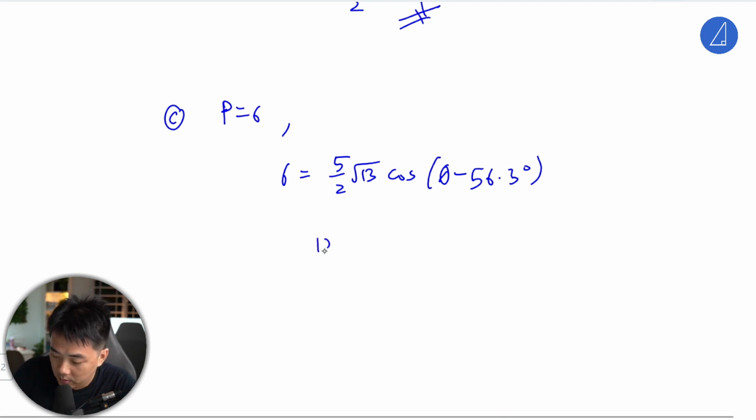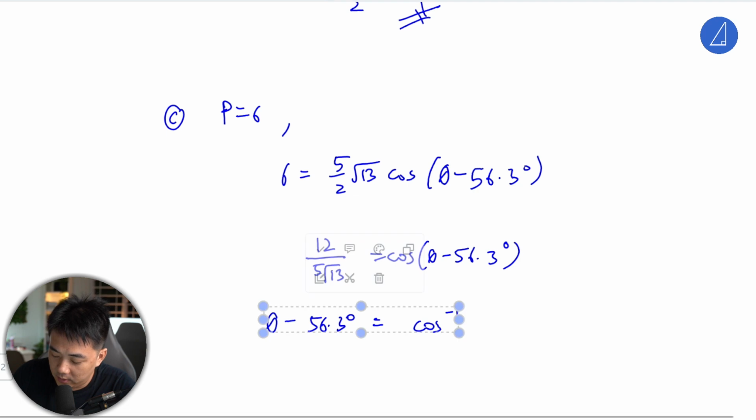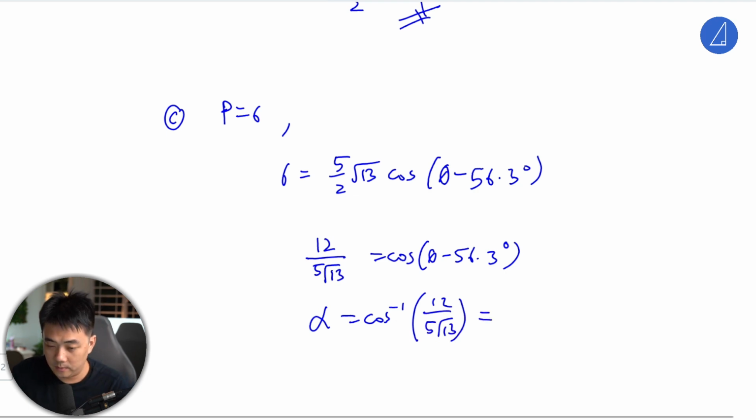It'll be 12 over 5 root 13 equals to cosine theta minus 56.3 degrees. So theta minus 56.3 degrees will just be cosine inverse. So maybe I just write now, basic angle is cosine inverse 12 over 5 root 13.